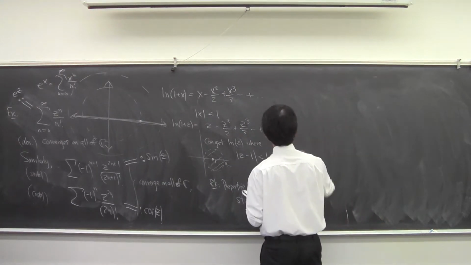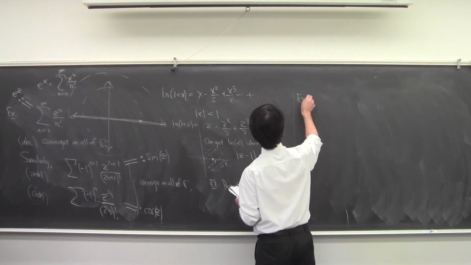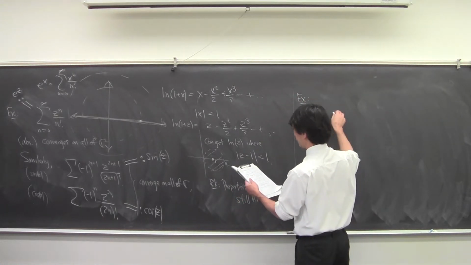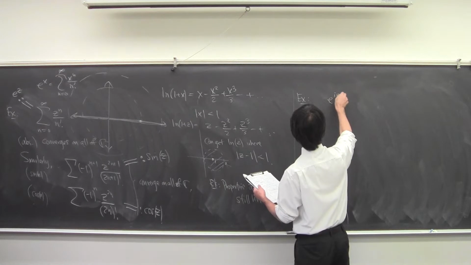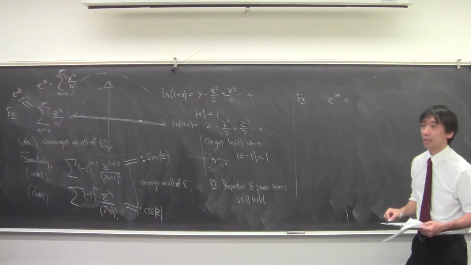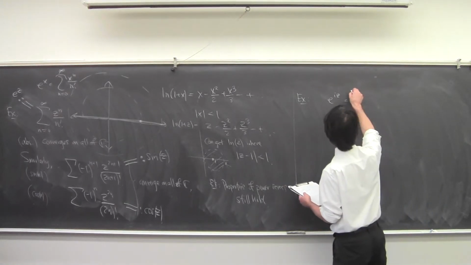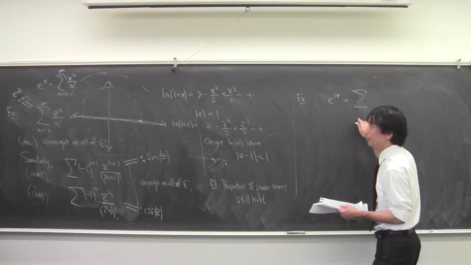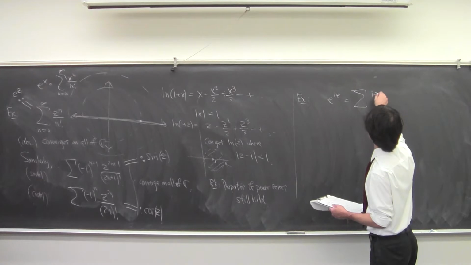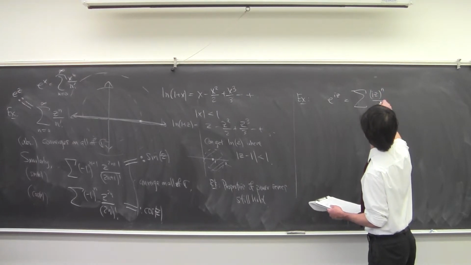So for example, if I look at e to the iz, then that's going to be the sum of iz to the n over n factorial.